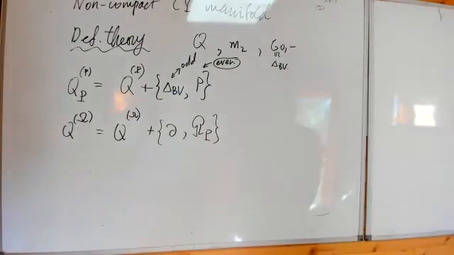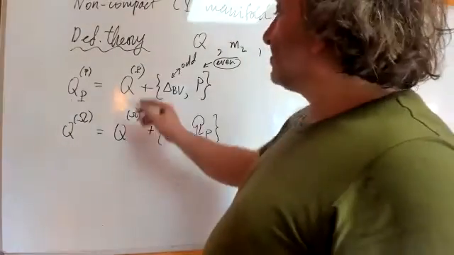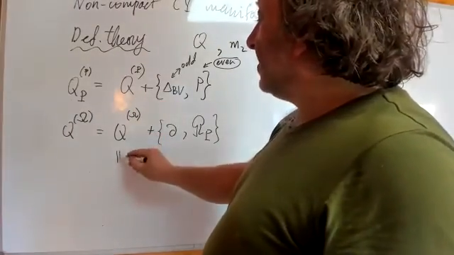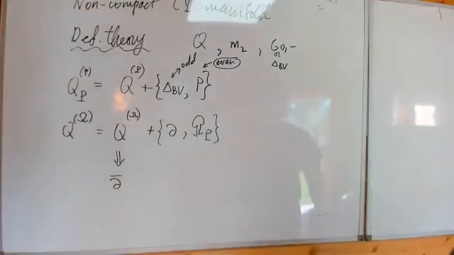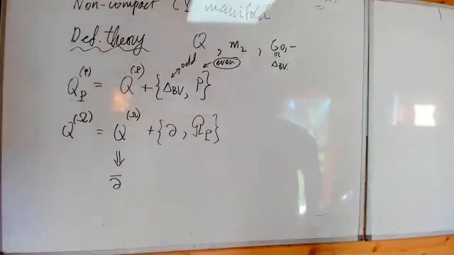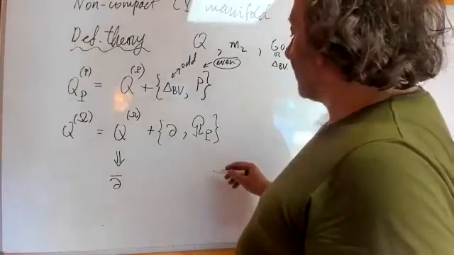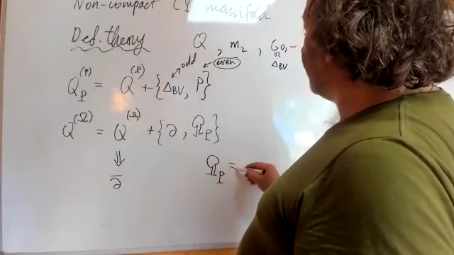So let us see some examples. First of all, just imagine that this is d bar, as we started. Just imagine that omega p is a function.